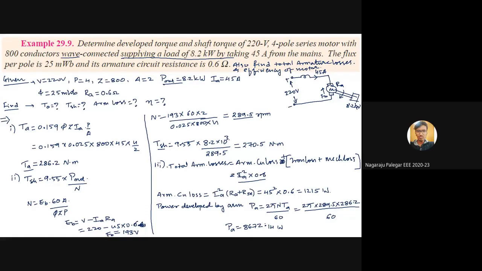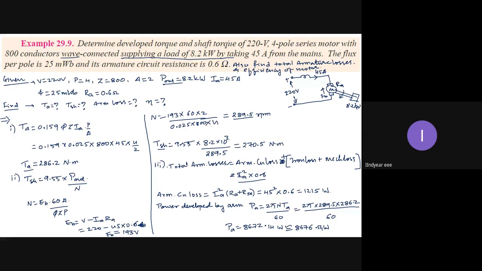Okay, fine, we will take that: 8676.54 watts. I think pi is taken only as 3.14 for that, so there will be a slight difference. Okay, fine.